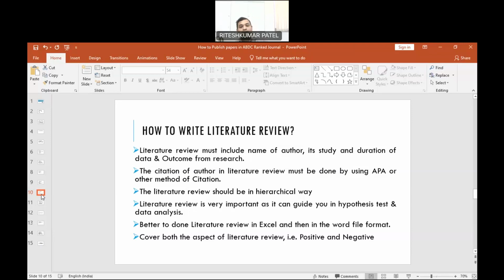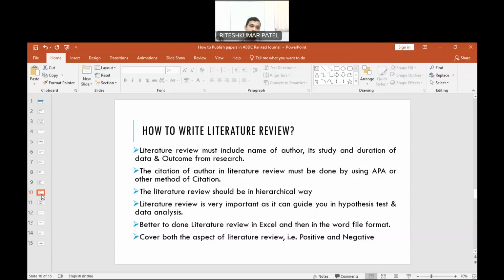Next, the literature review is very important as it can guide you in hypothesis testing and data analysis. So you need to be very careful in checking that it has importance for hypothesis testing and data analysis, because it requires framing the hypothesis as well as the data analysis.